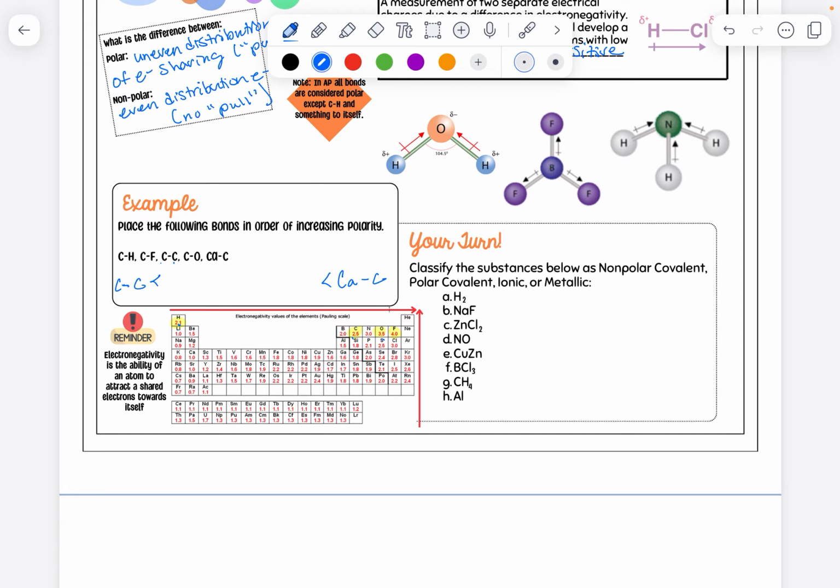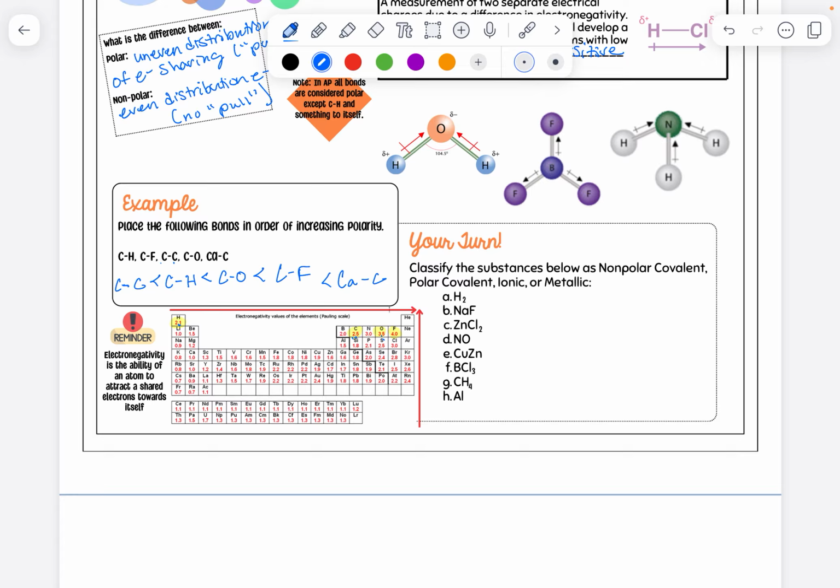So the lowest difference was carbon and hydrogen. So that would be lower polarity. Then after that, carbon and oxygen with the difference of 1. And then increasing or greater than that is carbon and fluorine with a difference of 1.5. So that would be your ranking.